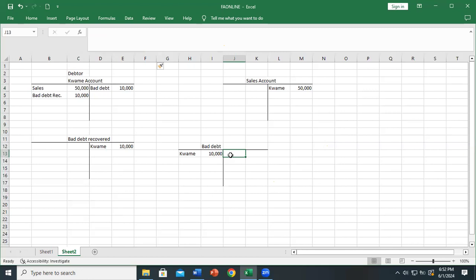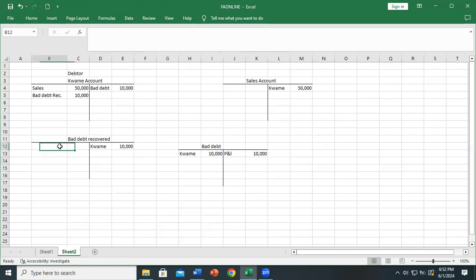So at the end of the year, the entry you pass is you credit your bad debt account with profit and loss 10,000. And then when you go to your profit and loss account, you debit it by way of adding it to your expenses. On the other hand, bad debt recovered is also a profit and loss item.